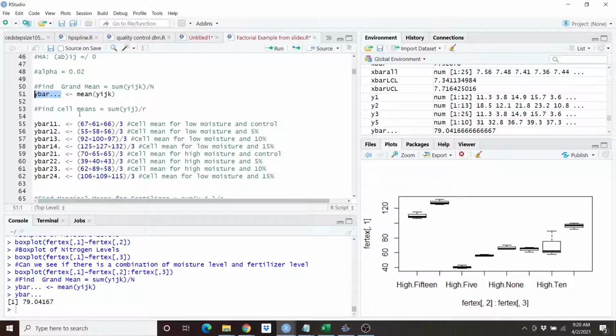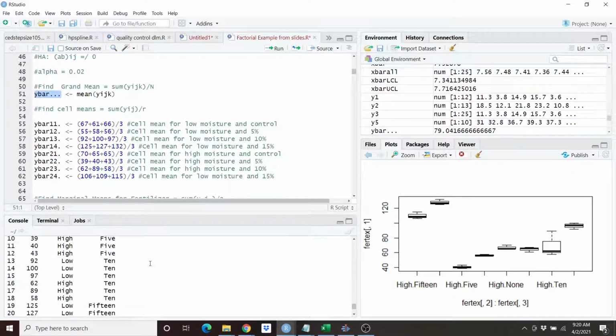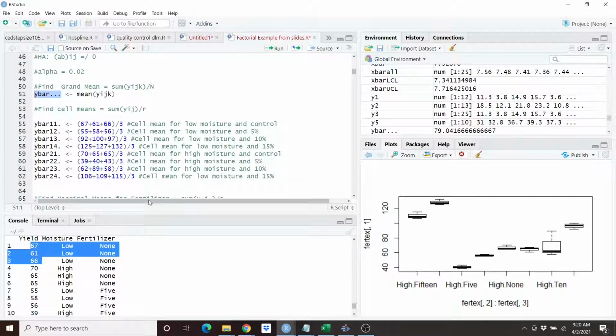Next, we need to find our individual cell means. What this means is we're going to take the observations, let's say for this first one, this is the cell mean for low moisture using control. And so I'm just going to take the low moisture and the control. So I'm going to take these three values, add them up and divide by the number of replications.